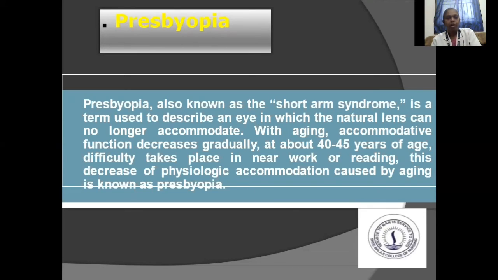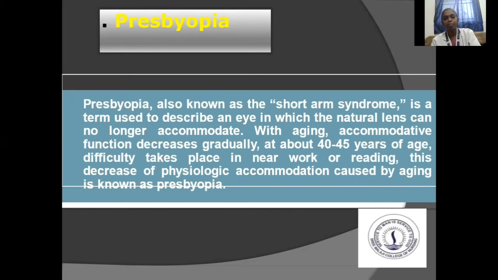With aging, accommodative function decreases gradually. At about 40 to 45 years of age, difficulty takes place in near work or reading. This decrease of physiological accommodation caused by aging is known as presbyopia. Here the problem is in accommodation because of physiological changes due to the aging process. So this is called presbyopia.